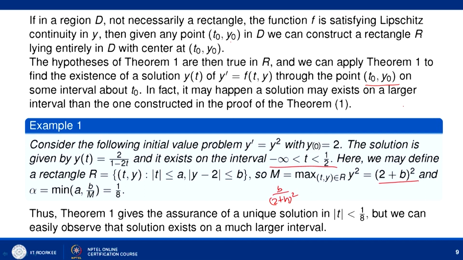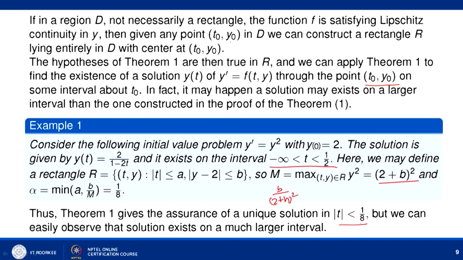So here the solution exists in modulus of t less than 1 by 8, but just now we have shown that the solution actually exists in the interval minus infinity to 1 by 2. Our existence and uniqueness theorem assures the unique solution only in the interval modulus of t less than or equal to 1 by 8.